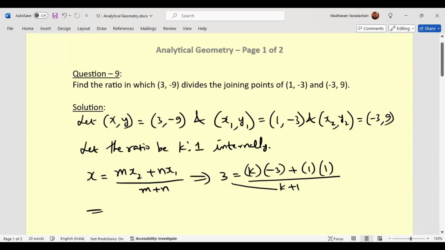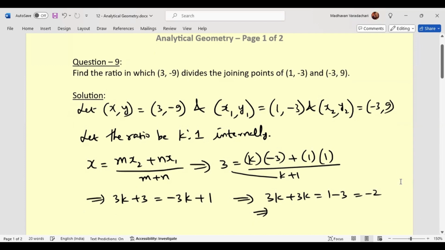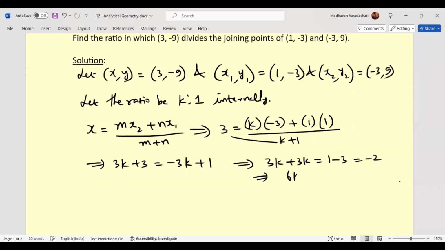Cross multiplying, we will have 3k plus 3 is equal to -3k plus 1, which means 3k plus 3k equal to 1 minus 3, which is -2. So we get 6k is equal to -2, or k is -2 by 6, which can be simplified as -1 by 3.